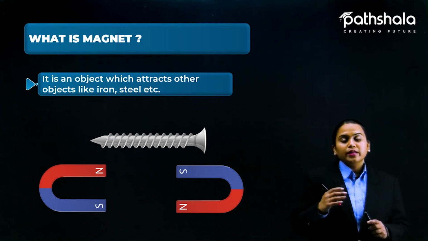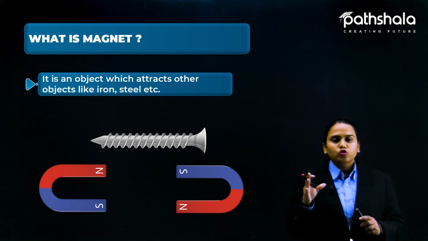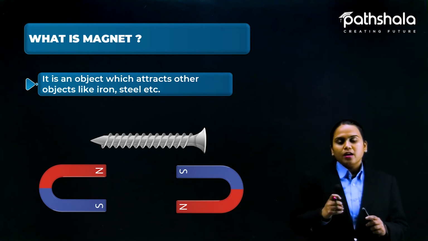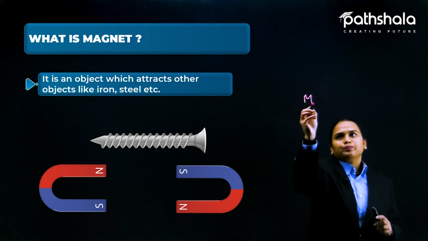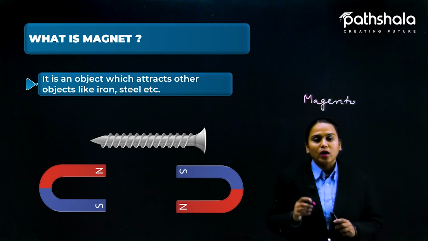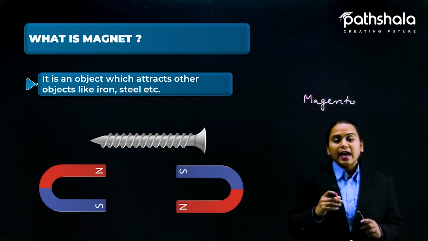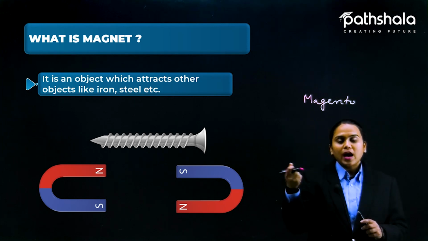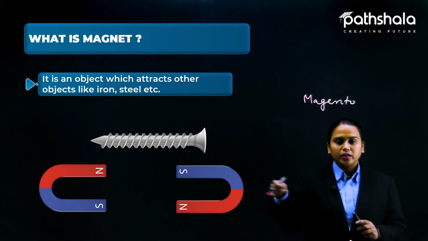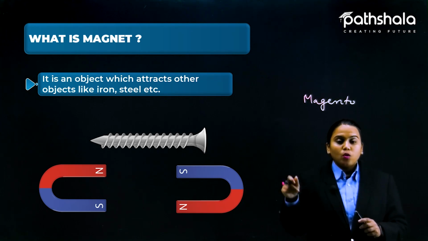Earlier, there was a story related to a person whose name was Magneto. He was a shepherd, and once he was roaming here and there with his sheep. He used to have a stick with him to give direction to the sheep.